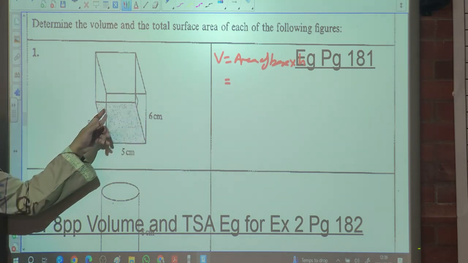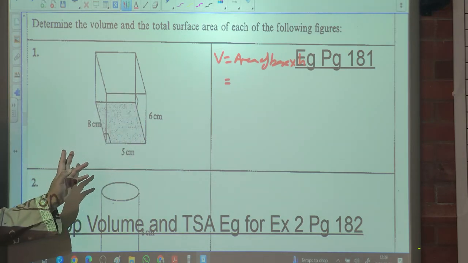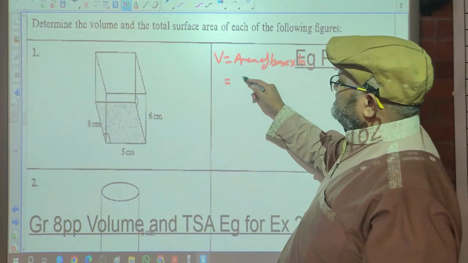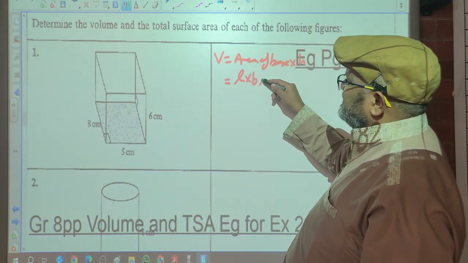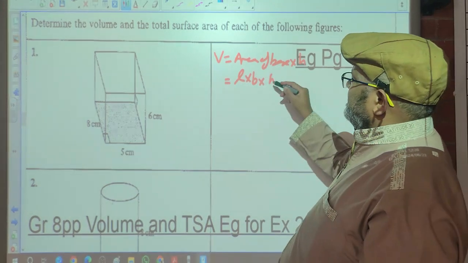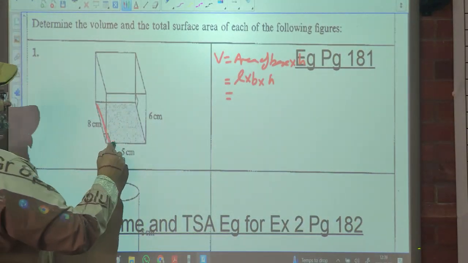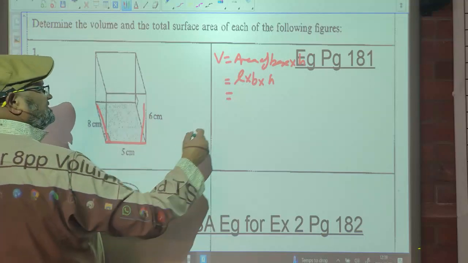What type of shape is this? Rectangular shape, not so? How do you calculate the volume of a rectangular prism? Length times breadth times height. And what's the length here? 8. The breadth? 5. And the height? 6.